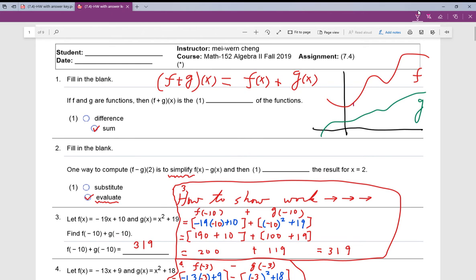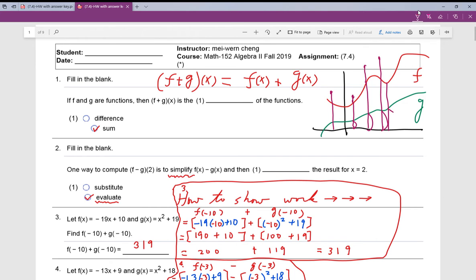So f plus g here, f plus g here, f plus g, okay.